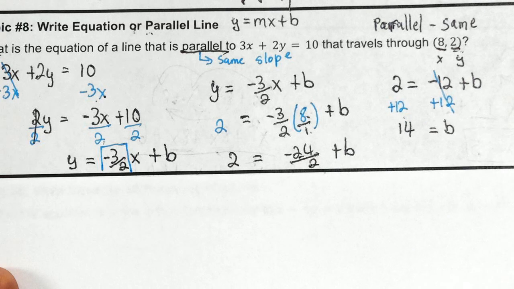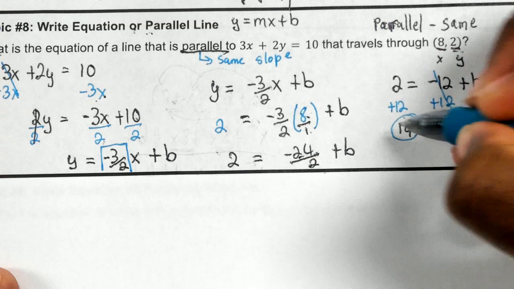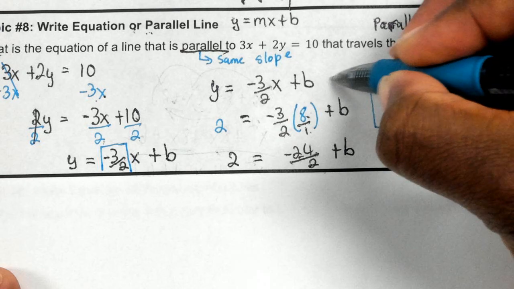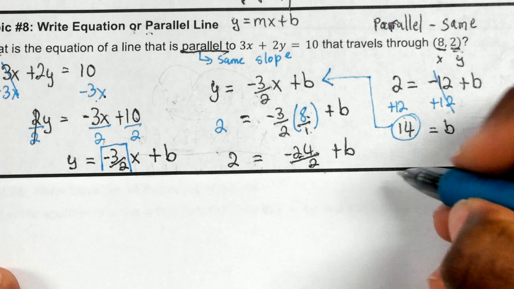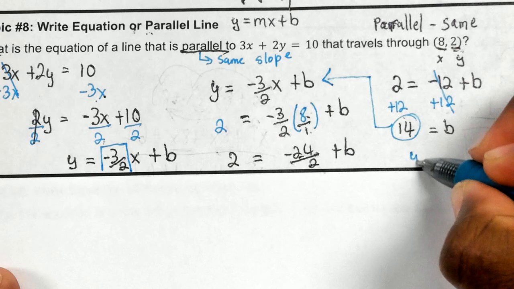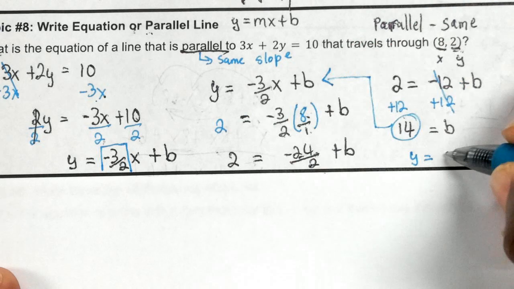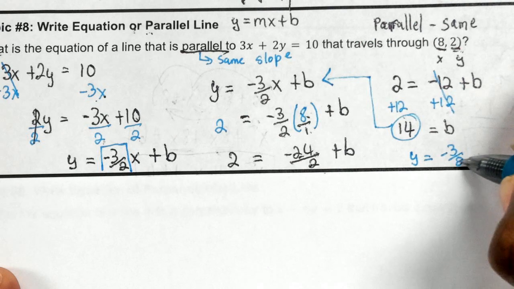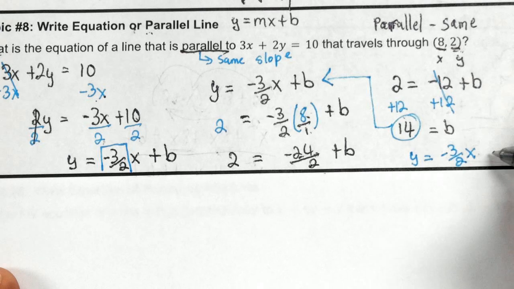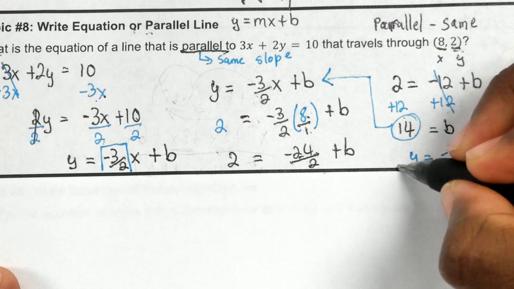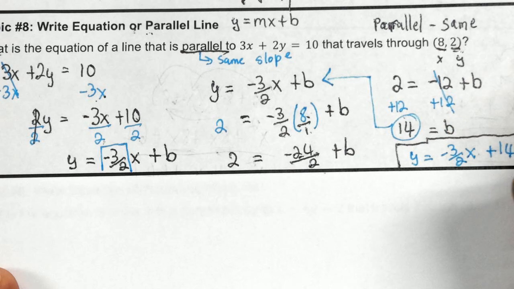This positive 14 is going to replace the b value in my parallel equation. So my answer, which I'm going to write in blue, is y equals the same slope, negative 3 over 2, x, and then I replace the b with a positive 14. And that would be my result.